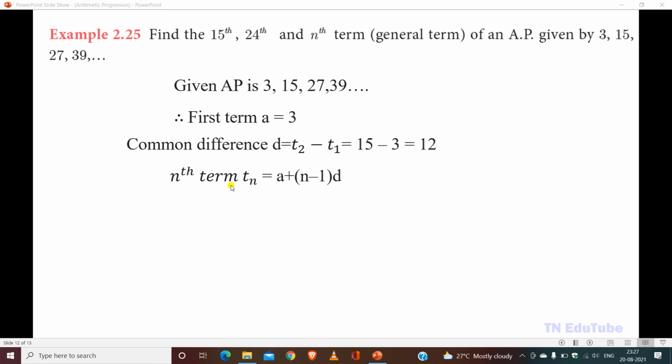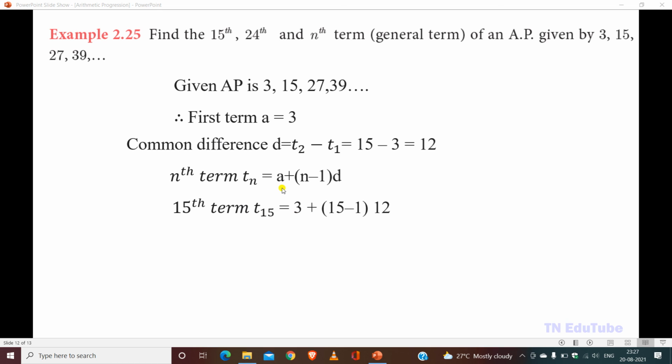So what is nth term? Nth term is Tn is equal to A plus n minus 1 into D. We have to substitute the value of A and D. Before that we have to find out 15th term. 15th term means T15.